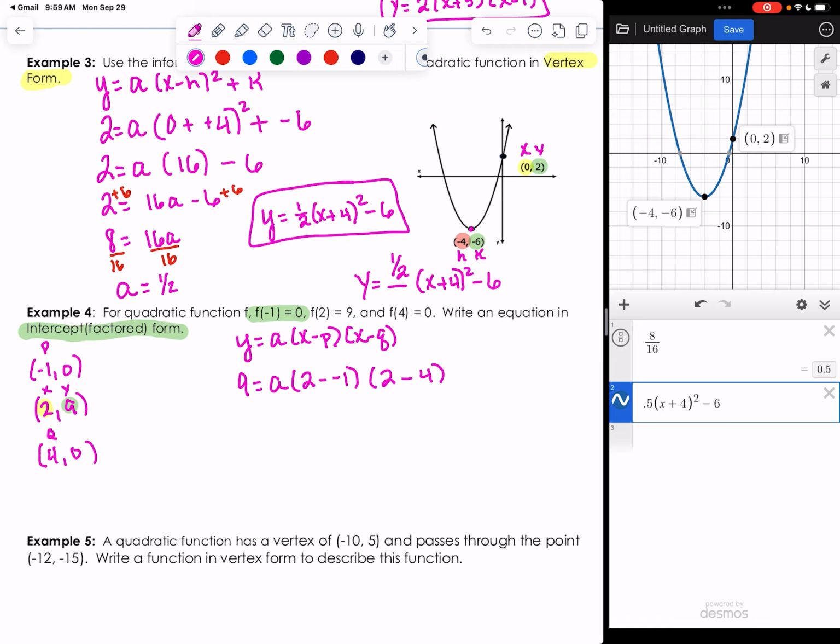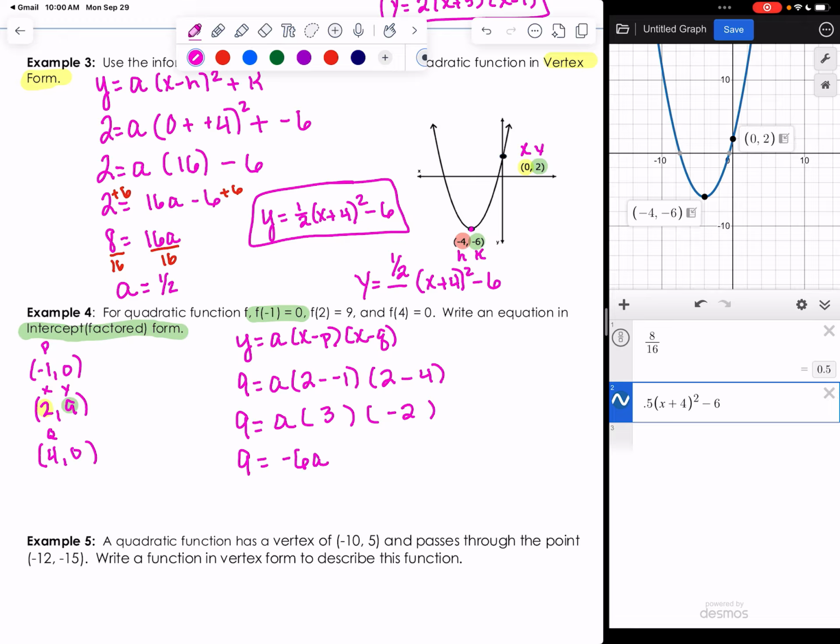Now we're just going to evaluate this formula. So 9 is equal to a times two parentheses. In my first parenthesis, 2 minus -1 would be 3. My second parenthesis, 2 minus 4 is -2. Now let's simplify that a little bit. 9 equals 3 times -2, that would be -6a.